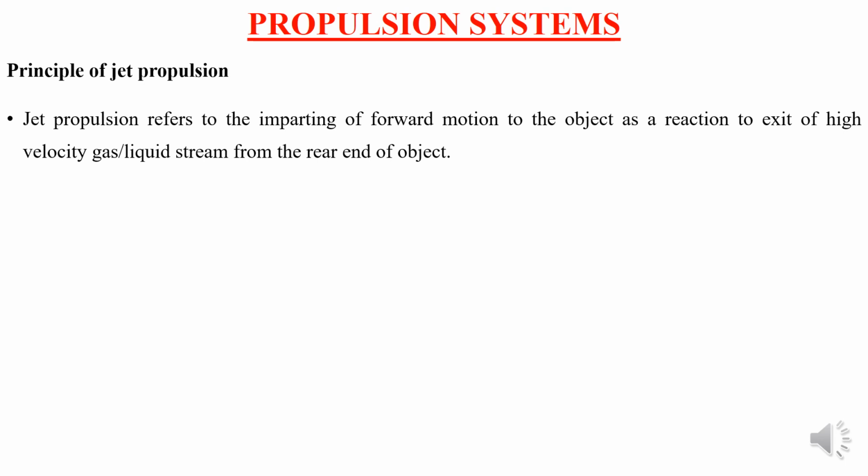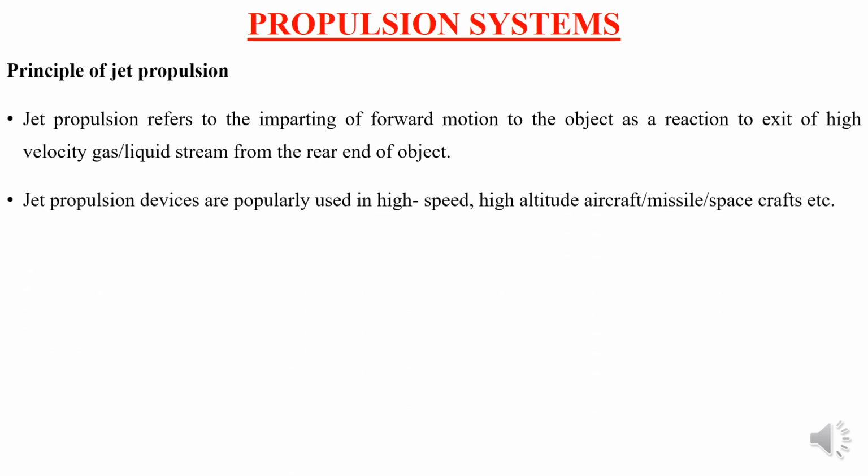Because of that opposite force, your object will be lifted up. So that is the basic principle involved in this system. Jet propulsion devices are popularly used in high speed, high altitude aircraft, missiles, spacecraft, etc.